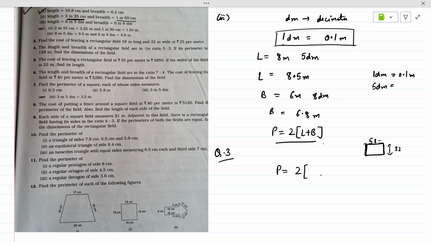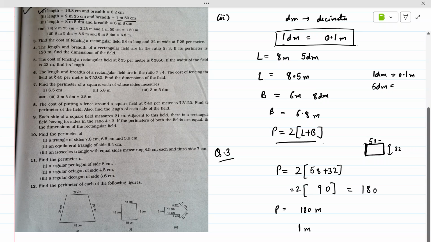This is equal to 2 into L, that is 58, plus B 32, which will give us 8 plus 2 is 10, 5 plus 3 is 8, 90. This will be equal to 180. So the perimeter is 180 meters here. Now what is the rate? Find the cost of fencing this at rupees 25 per meter.